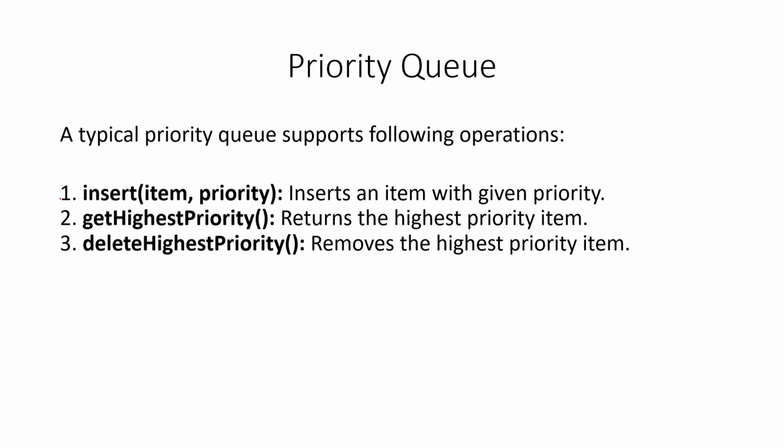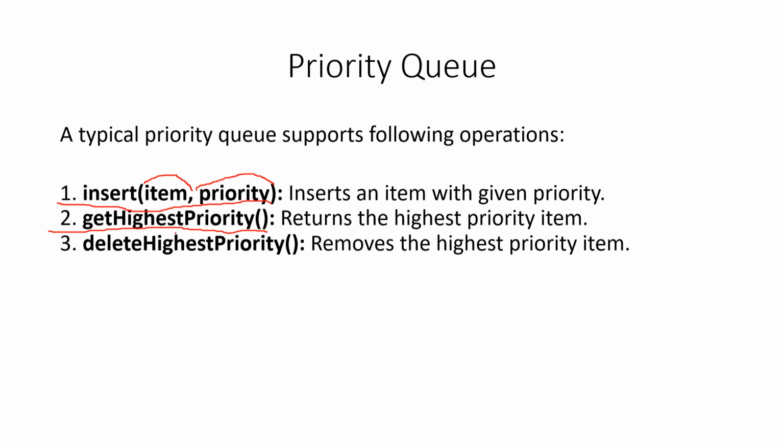First one, you insert elements, so you put that element into the priority queue, and as you can see, it has two properties for the insert. First one is the item, so you put the element itself, and of course you give the priority to that element.